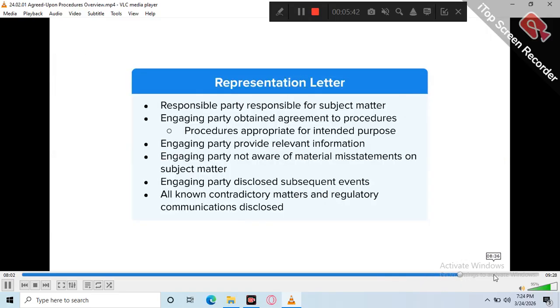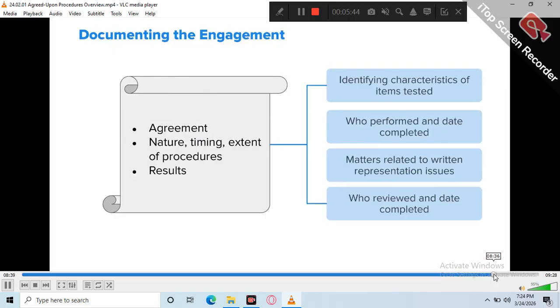And we've talked about documenting the engagement. We should document a bunch of things. The agreement, we should document the nature, timing, and extent of the procedures to be performed and the fact that they comply with the AICPA attestation standards, including the identifying characteristics of the items tested, who performed the work and the date they completed it, the matters that are related to written representation issues, and who reviewed the work and the date completed.